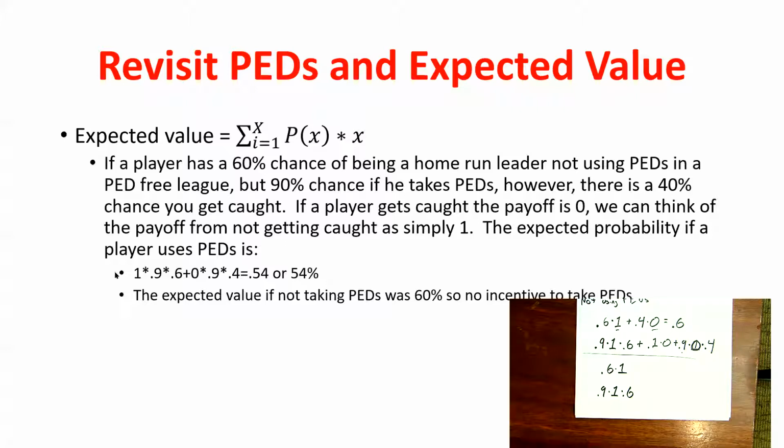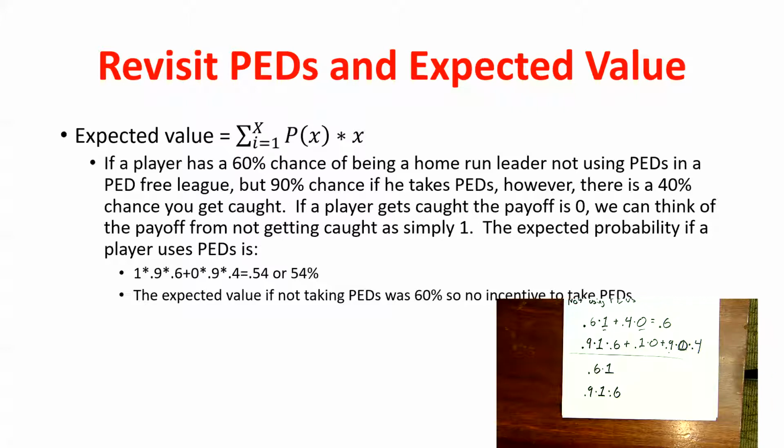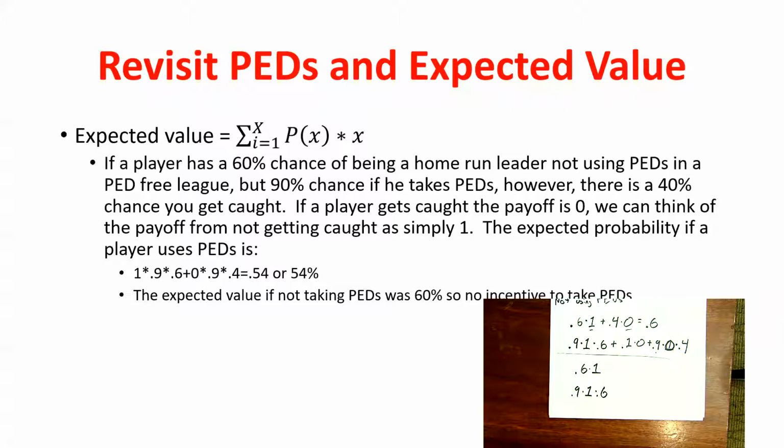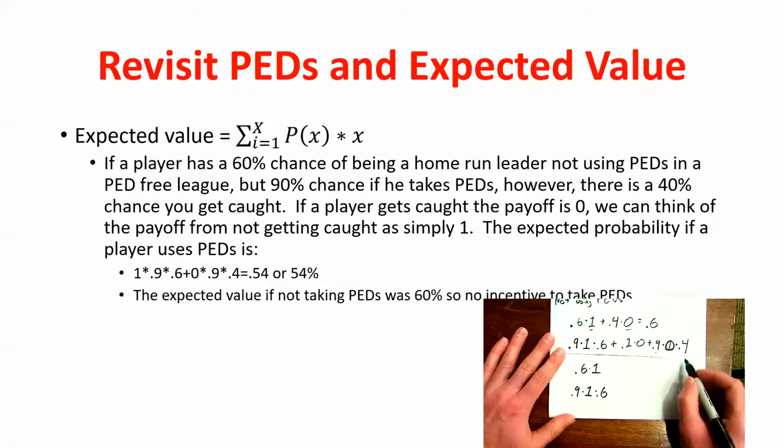So how could it become more likely that we see people use PEDs in this scenario? The current probability of getting caught is 0.4. What happens if that probability drops to something like 0.2?